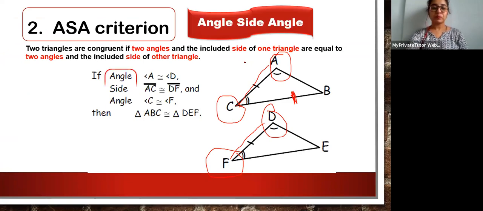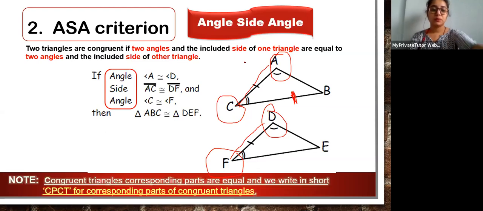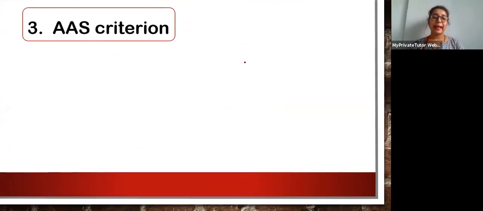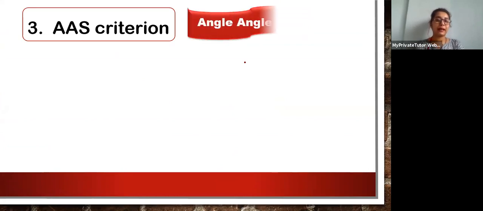Now let's get into the third criterion of congruent triangles. The third criterion is the AAS criterion. Now, what is AAS criterion? It means angle-angle-side criterion.